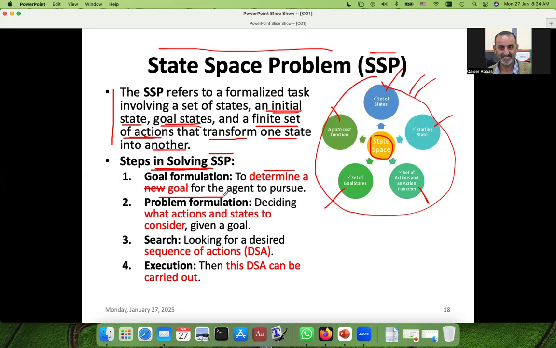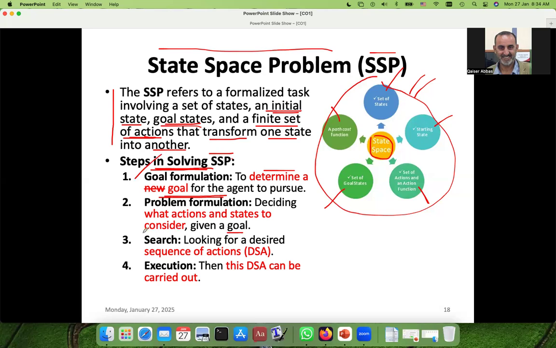Between the initial and the final states, what are the states you have to identify? And what are the actions you have to take from the initial state to the next, and next, up to the goal state? Identifying the actions and the number of states in that problem is called problem formulation. The goal will be given because this is what you have to identify in the first step.